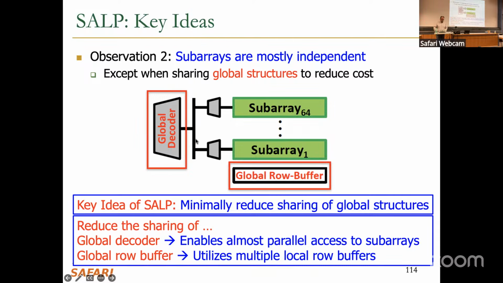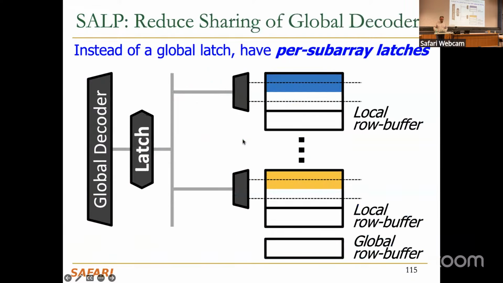Essentially, we allow different local row buffers to quickly switch. The global bank I/O can be quickly connected to different local row buffers, which you're going to see now. So that's the idea for SALP.